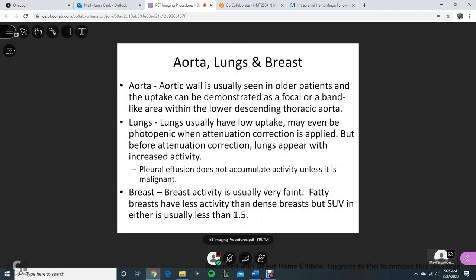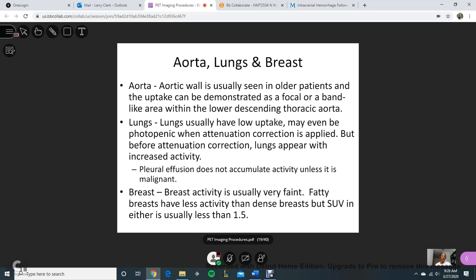All right, aorta, lungs, and breast. Aortic wall uptake is usually seen in older patients, and it can be demonstrated as a focal or band-like area within the lower descending thoracic aorta. The lungs usually have low uptake and may even be photopenic when attenuation correction is applied. But before attenuation correction, the lung appears with increased activity.